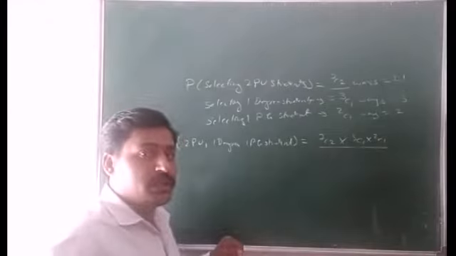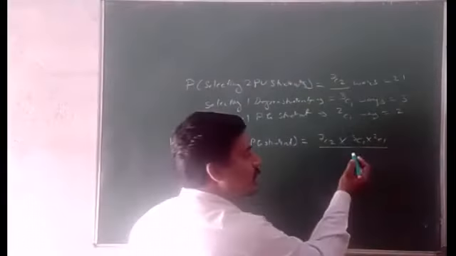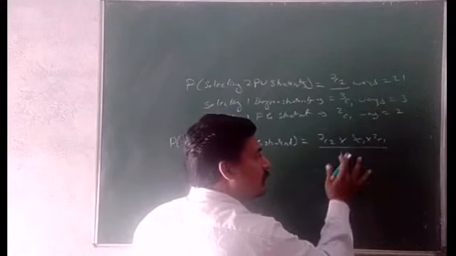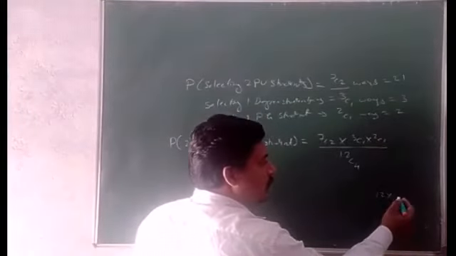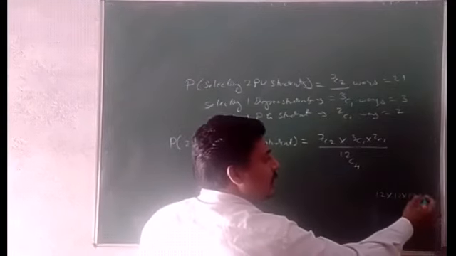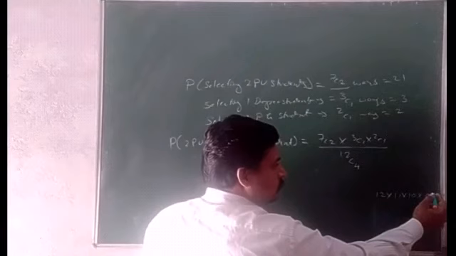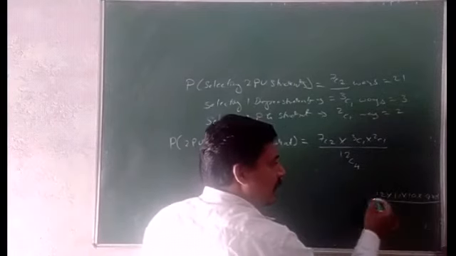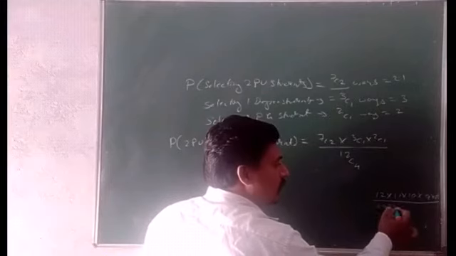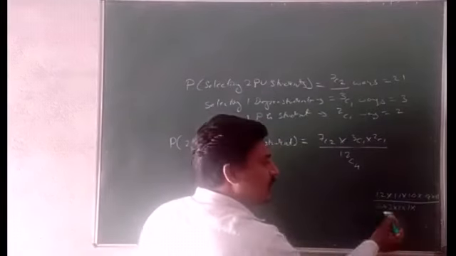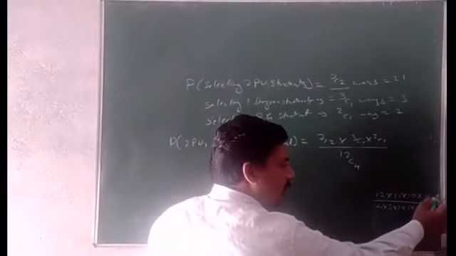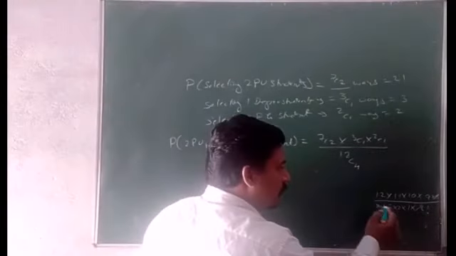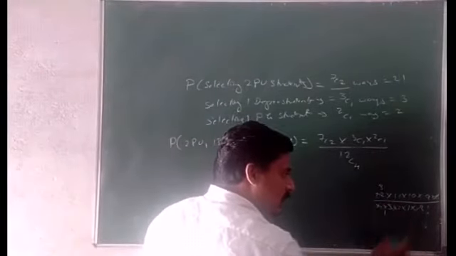So total 4 students we are selecting out of 12 students. So the exhaustive cases are 12C4 ways we can select 4 students here. So 12C4, 12 into 11 into 10 into 9 into 8 factorial divided by 4 into 3 into 2 into 1 into 12 minus 4 is 8, 8 factorial. So 8 factorial got cancelled. 4 ones are 4, 4 threes are 12, 3 and 12 cancel.